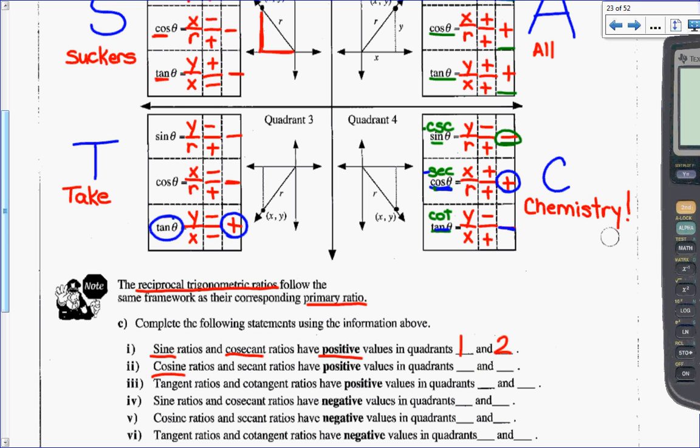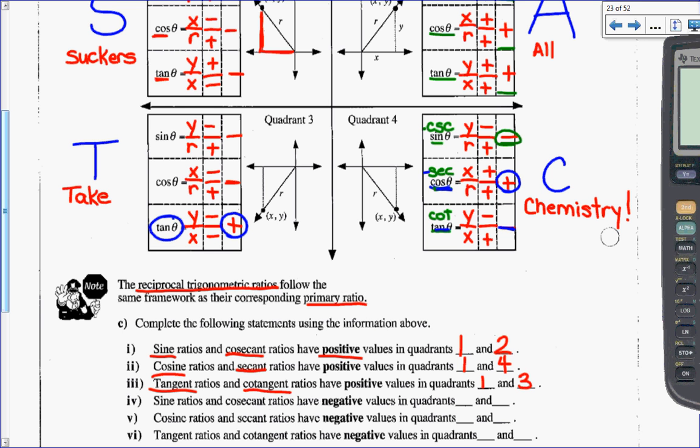Where's cosine positive? Well, obviously, quadrant 1. Where else? Quadrant 4, right. And in that case, then, its reciprocal, secant, would also be. Okay, where is tangent positive? Well, obviously, quadrant 1. And where else? Quadrant 3, right. So its reciprocal, cotangent, would be as well.